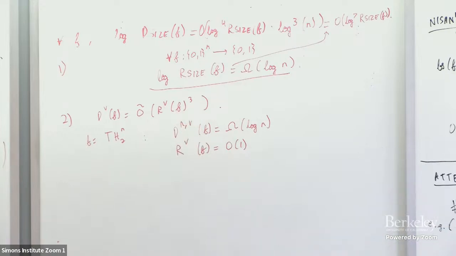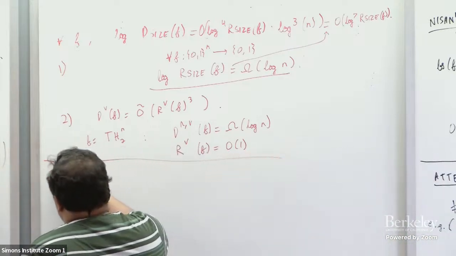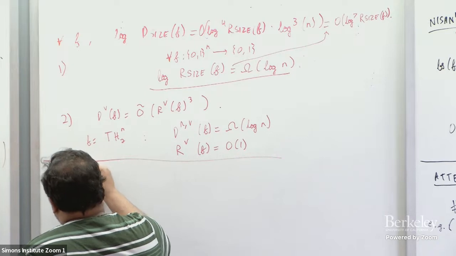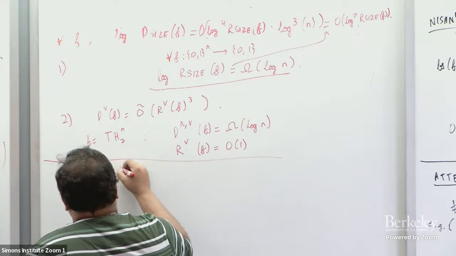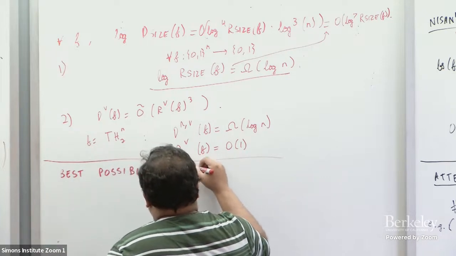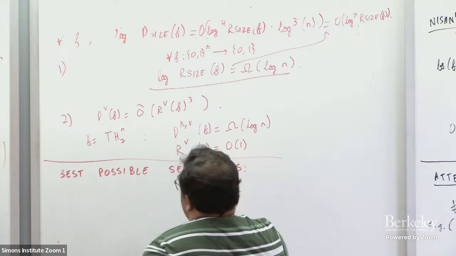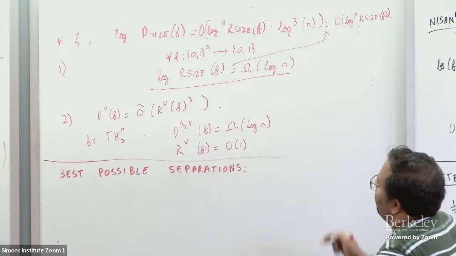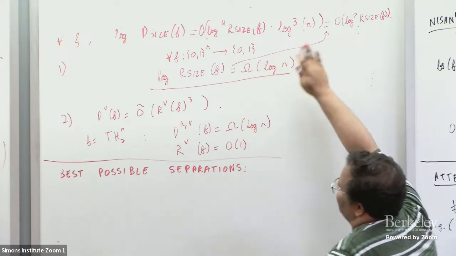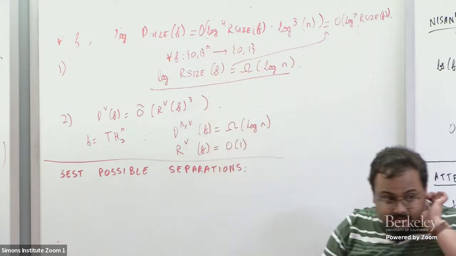Some more things I wanted to talk about. So what are the best possible separations that we can have? Here, let's go back to ignoring log factors. We had a power 4 separation between log deterministic size and log randomized size.